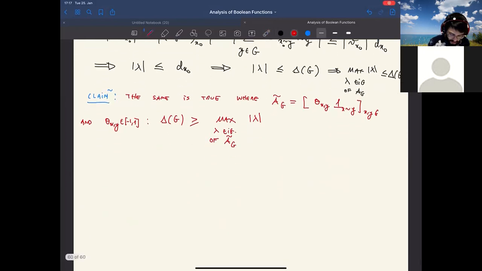Okay. And the final thing we need is what's called Cauchy's interlacing theorem, okay, which is the following.